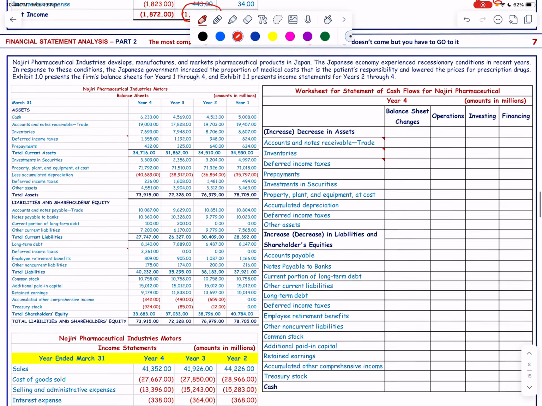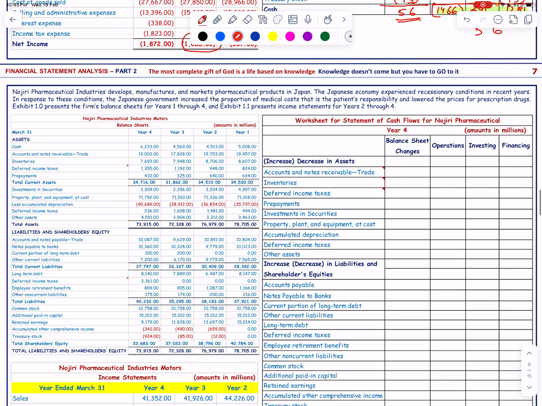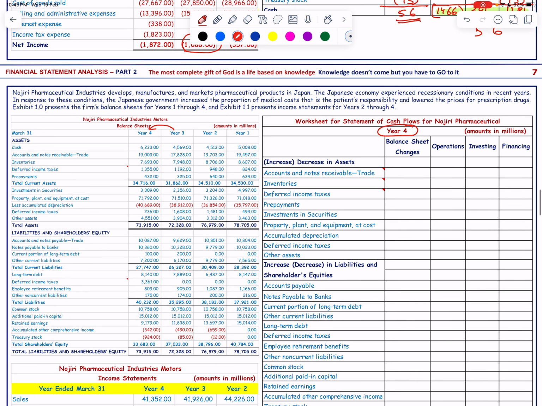And for year number 4 we are going to see the change over year number 3, how the changes have taken place. So once again, you look into the accounts receivable, there is an increase of 1175. Inventories, there is a decrease of 255.